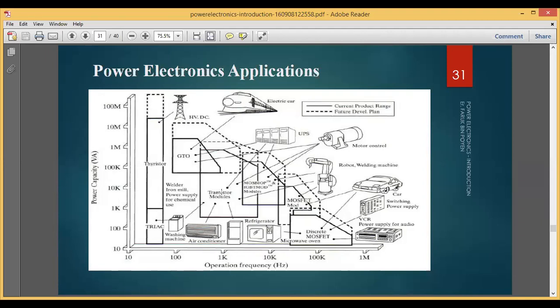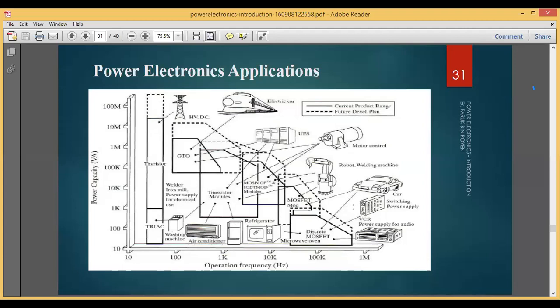If power electronic devices did not exist in the present era of our life, then we would not have used all these devices. We cannot use the washing machine, AC, refrigerator, microwave oven, power supply, car, TV, robotics, machines, UPS, train. A lot of applications are available in terms of power electronics.